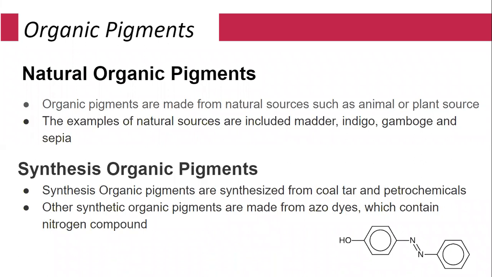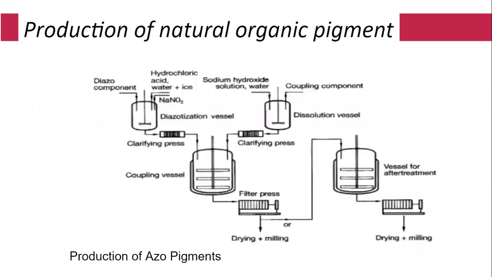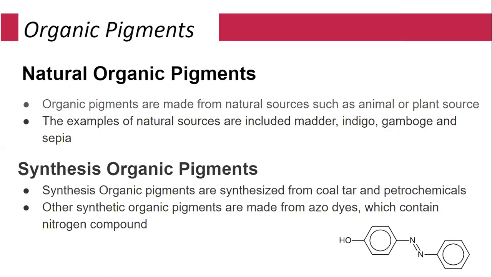So we are now going to talk about synthetic organic pigments. Synthetic organic pigments are synthesized from coal tar and petrochemicals. An example of the petrochemicals is phthalocyanine. The other synthetic organic pigments are made from azo compounds, which contain nitrogen. Nitrogen compounds account for most of the organic red, orange, and yellow pigments.